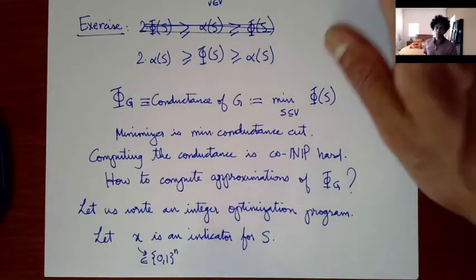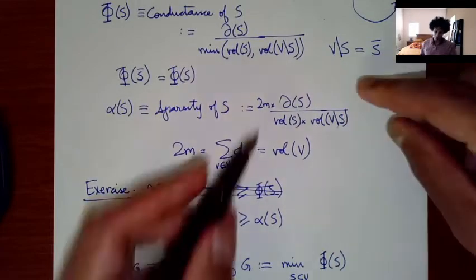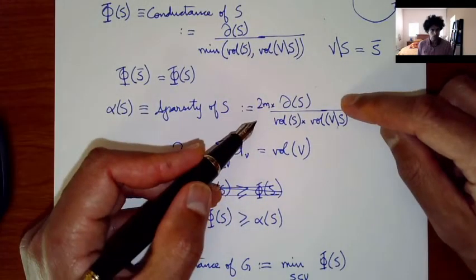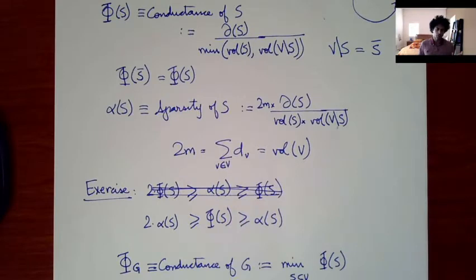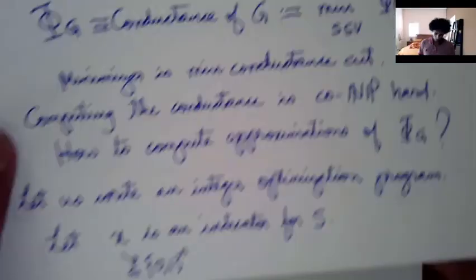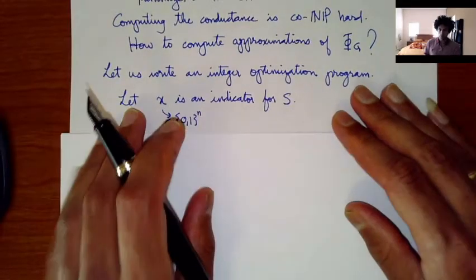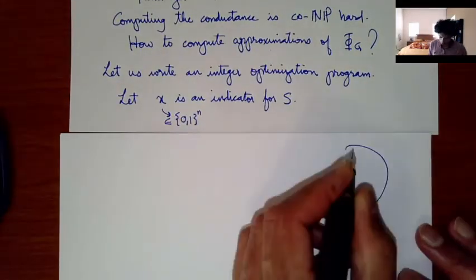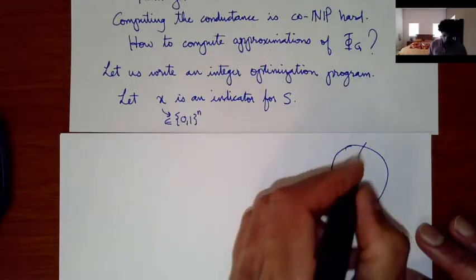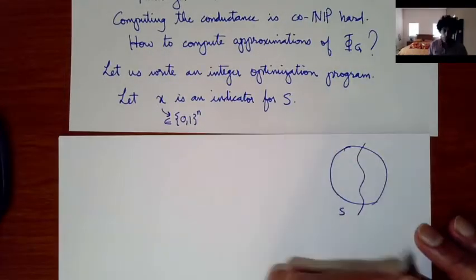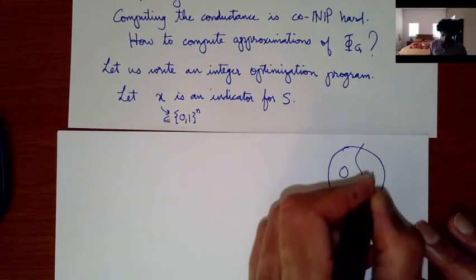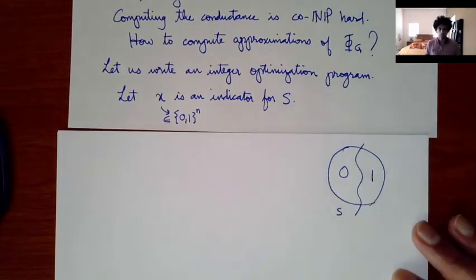We're going to write technically the sparsity in terms of an integer program, and then we will talk about relaxations of that program. Think of it, here is some potential cut, and this is S. We put zeros here and ones over here.